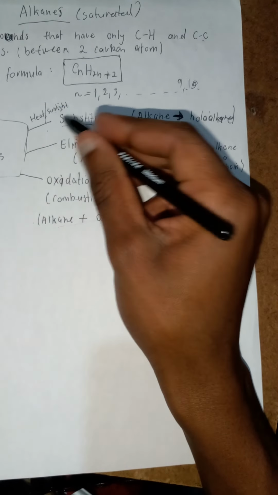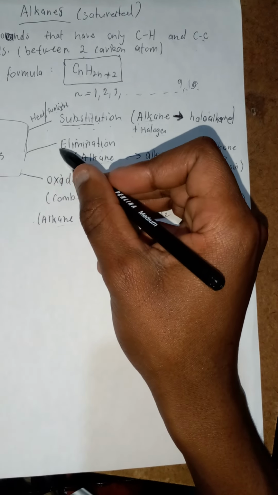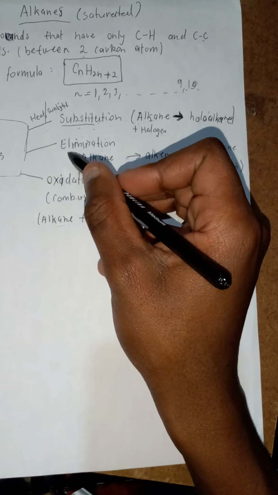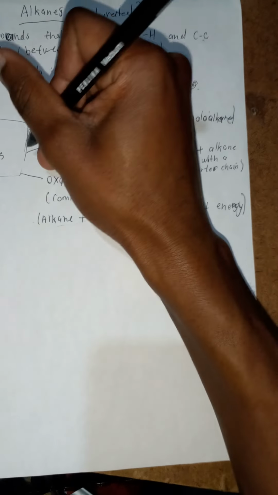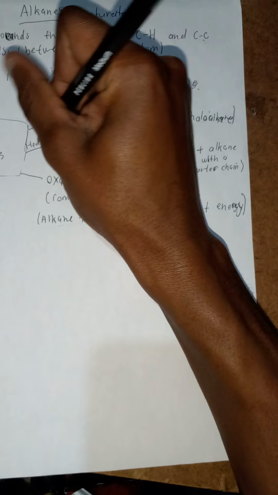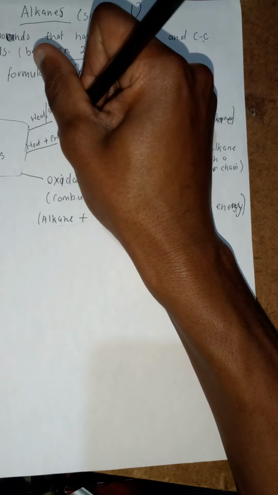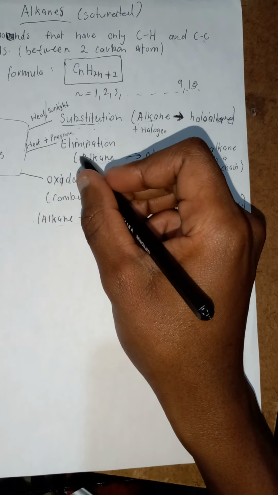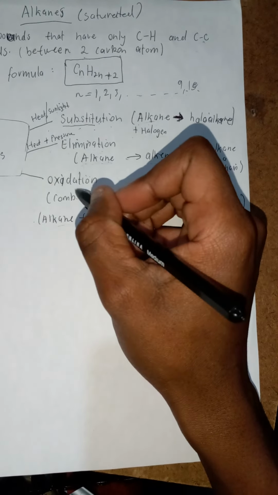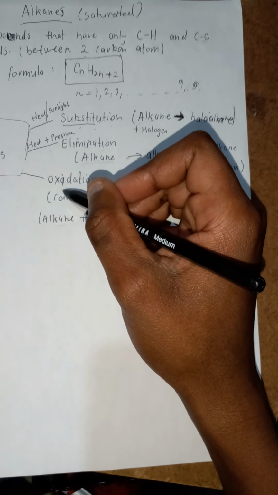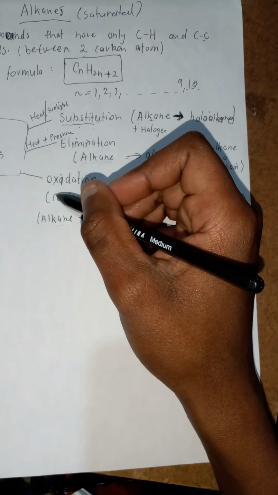And then the conditions for elimination are what? It's heat also, plus high pressure. So there's pressure that is needed here. So the conditions for elimination are heat and pressure. And then for combustion, there are no conditions that are regarded.